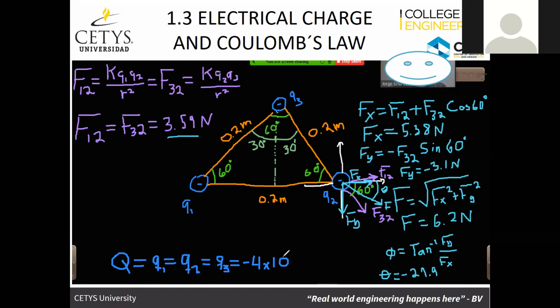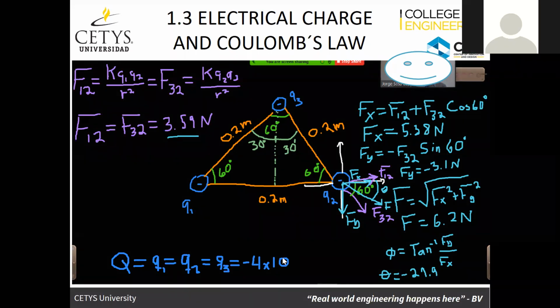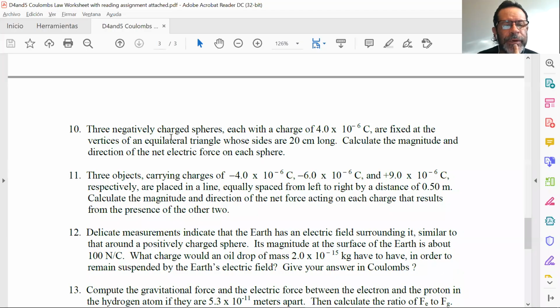In the problem, it's positive. It just says that they are negatively charged. Let me just check one thing here very quickly. No, it is to the minus 6, Paulina. I'm just going to show the problem again. It says 3 negatively charged spheres, each with a charge of 4 times 10 to the minus 6. Oh, maybe when I put it in the PowerPoint.